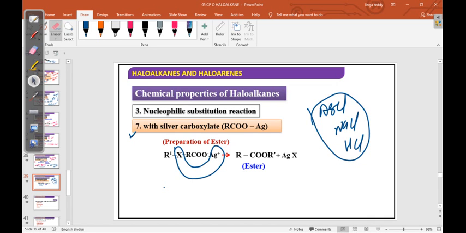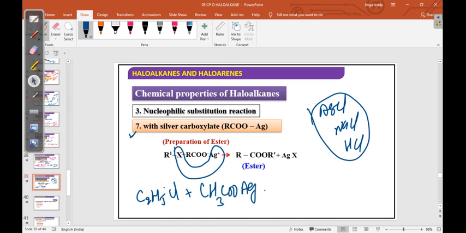I am taking ethyl chloride plus CH3COOAg. Wherever silver is there, in the place of silver this alkyl group will come. CH3COOC2H5. What is the product? Ethyl ethanoate. Its functional group is ester. Very simple reaction.